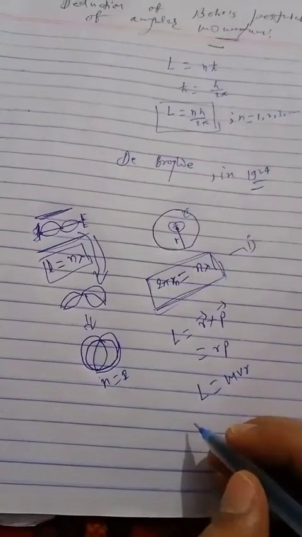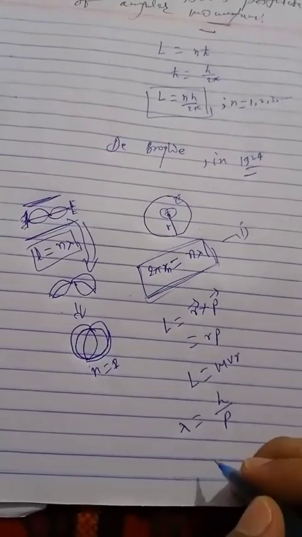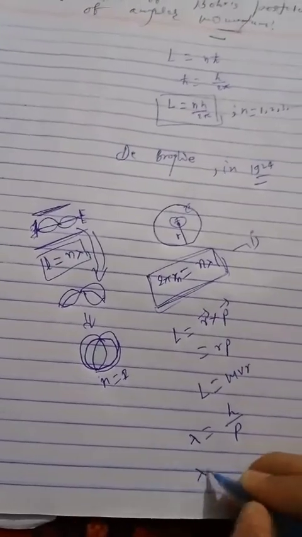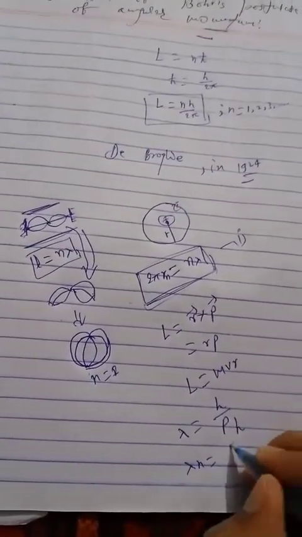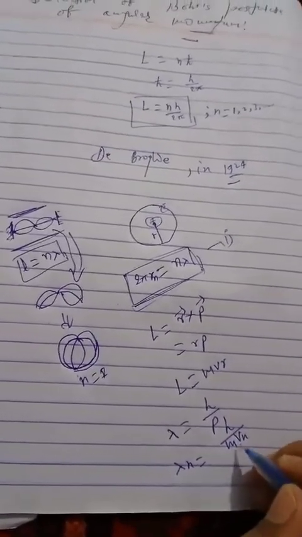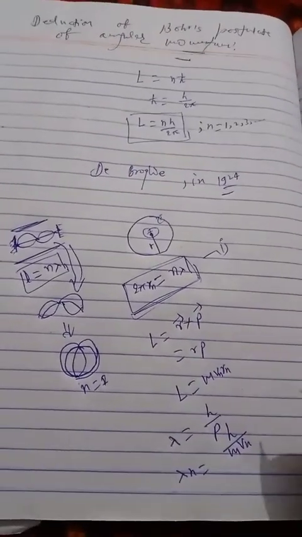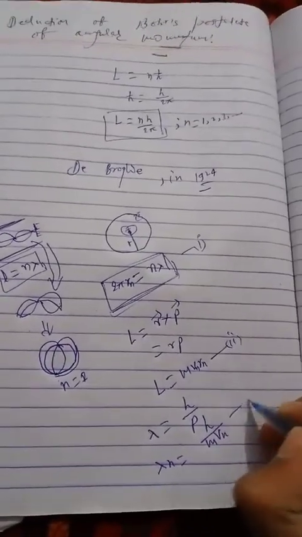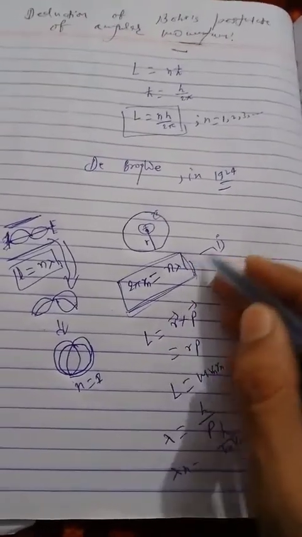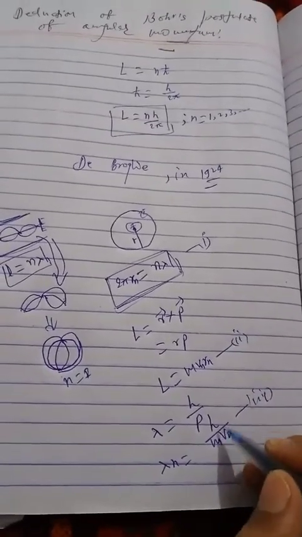The de Broglie wavelength is given as lambda equal to h by p, and so lambda n, the nth wavelength, will be given by h upon m vn, the velocity of the electron in the nth orbit. So we have equation 2 and equation 3. We can put the values of vn and rn from equation 1 and equation 3 into equation 2.